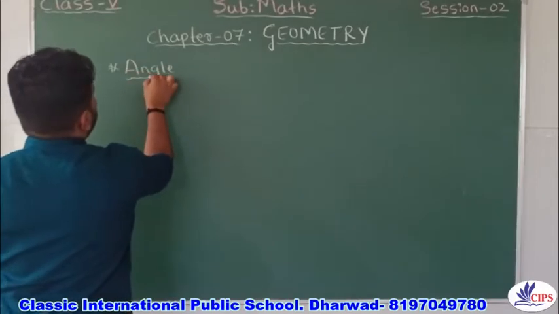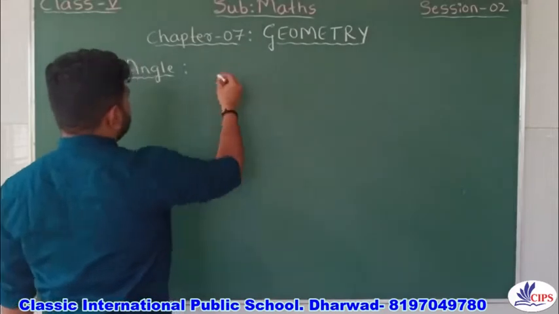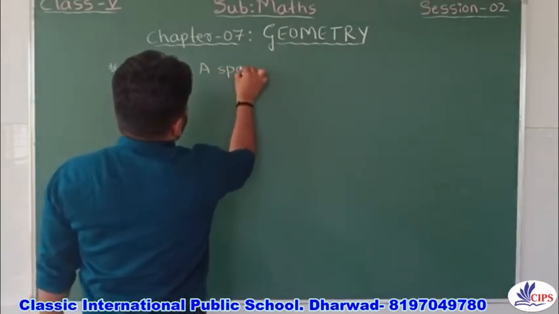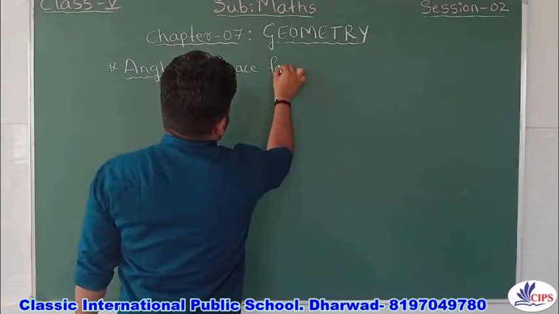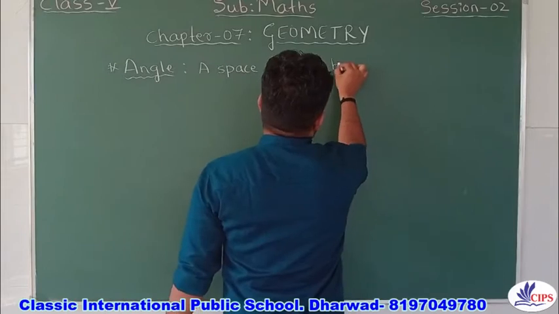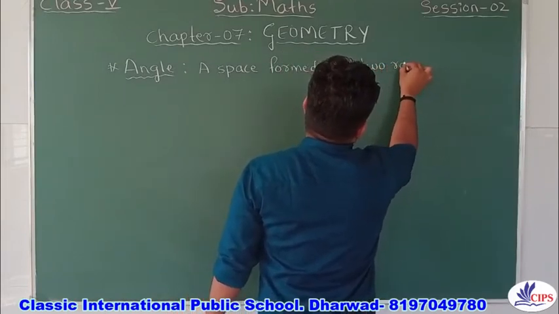If you want to define an angle in a simple way, it is a space formed by two rays.